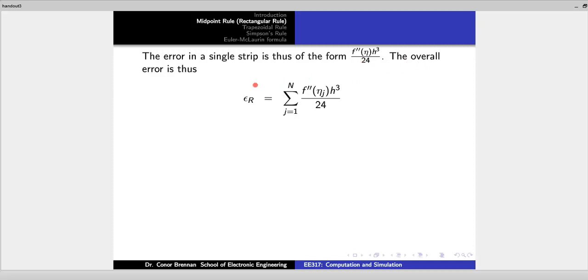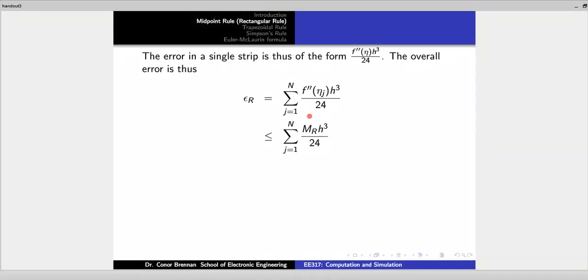The overall error over n strips from A to B, therefore, is we just sum this n times. Each strip has this little eta term within it, where the remainder term works. And we get this.